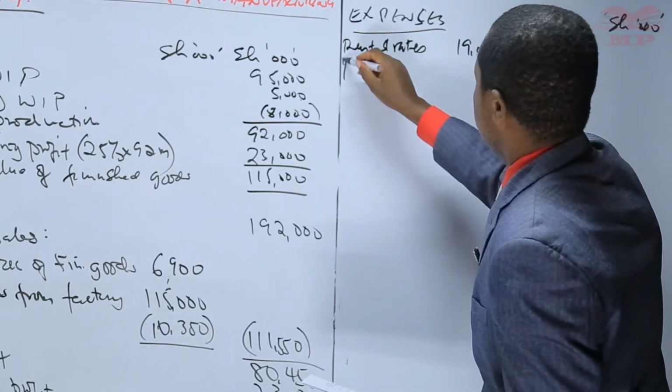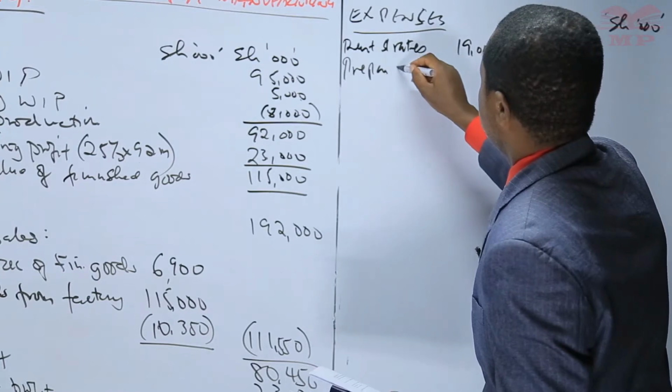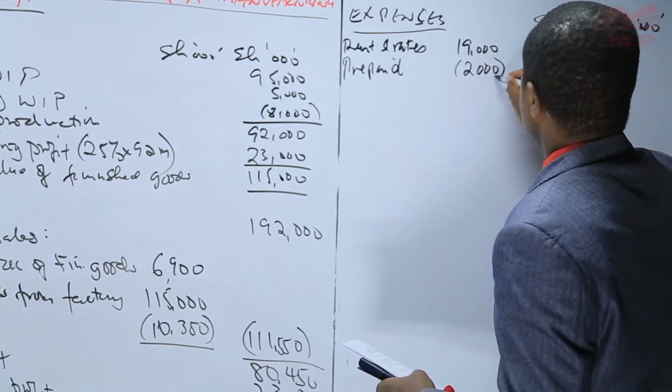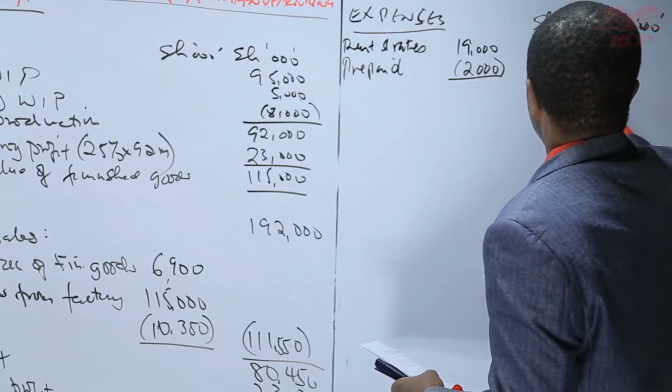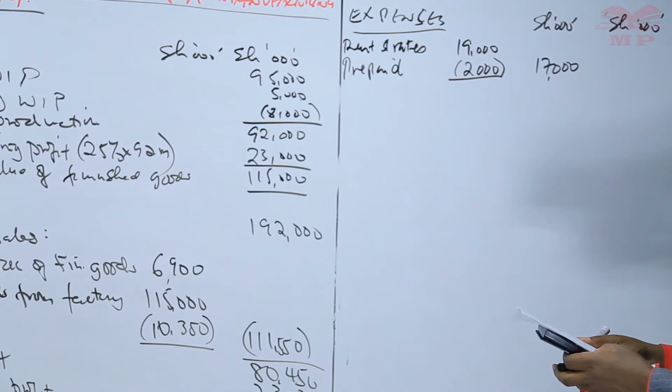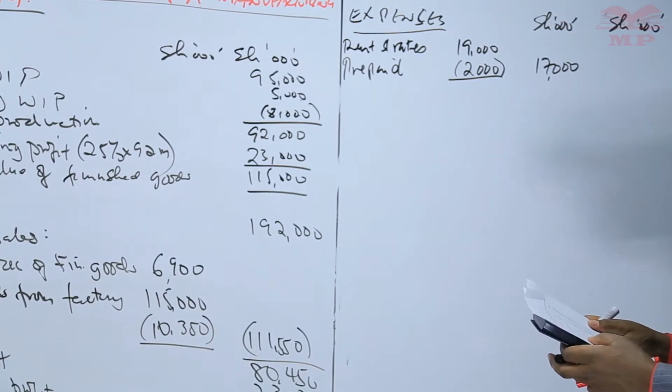We will deduct the prepaid amount of 2 million to get 17 million, which is the rent for the year.